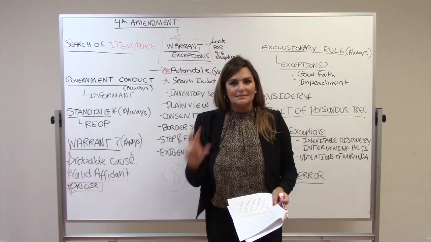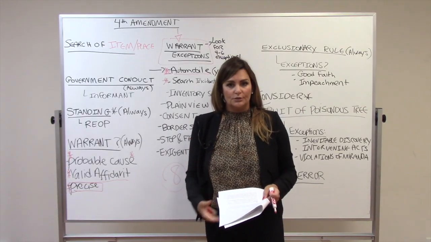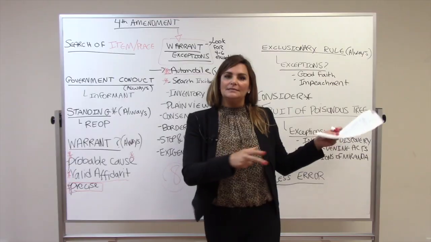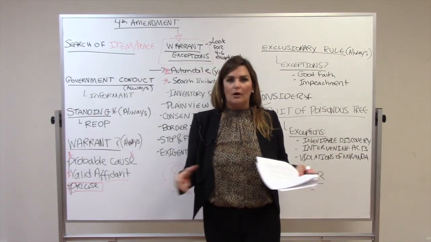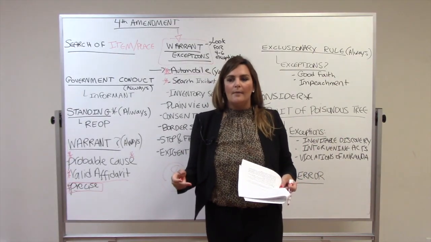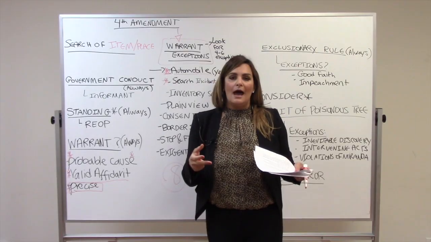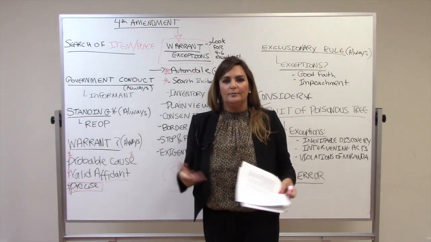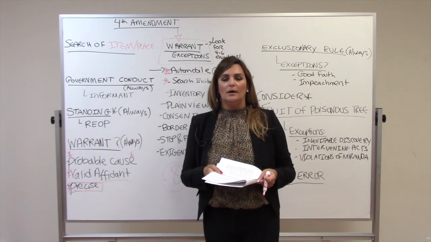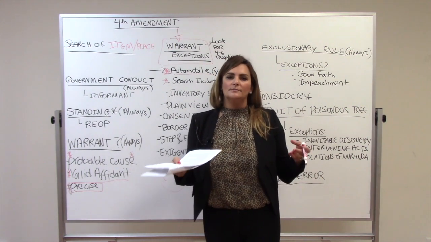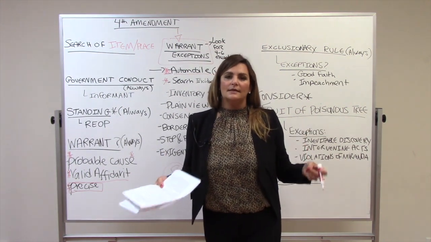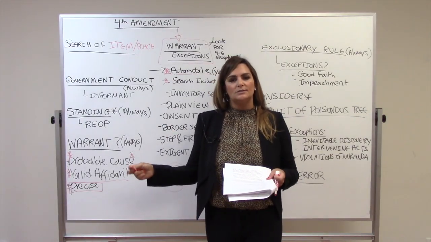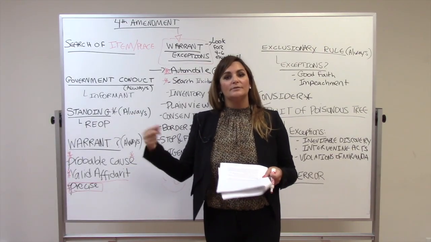The first one, let's stick within the gamut of a car search, okay, is when the police have probable cause, they stop the car, let's say for speeding, and then the actual driver, let's say, is getting searched for contraband or whatever it is based on probable cause as well. And the driver comes out of the car and they get arrested because there's probable cause to arrest. Now, incident to that arrest, there was a search.